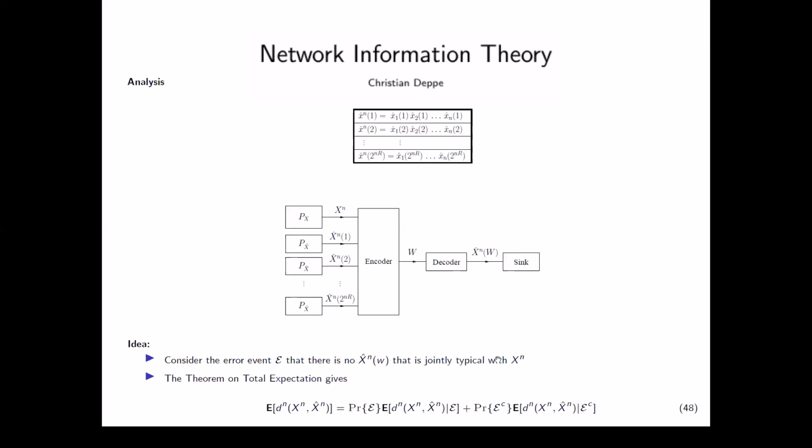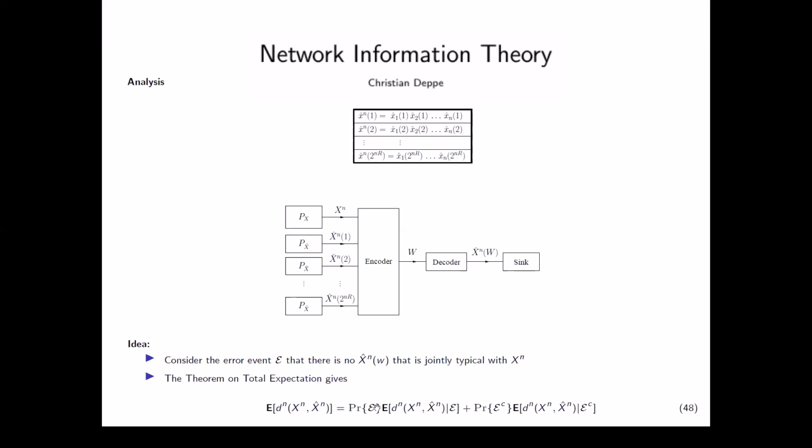And if they are not near together, we will show that this is very seldom. So the idea is, when we now want to show that this expectation is smaller than d, for this we use the theorem on total expectation and our error event E.